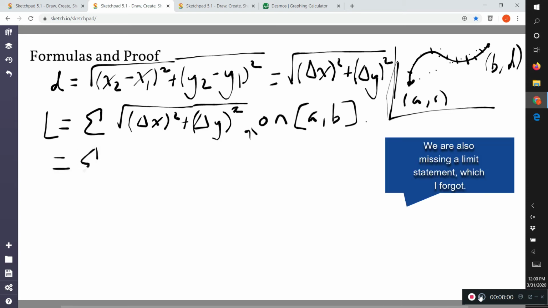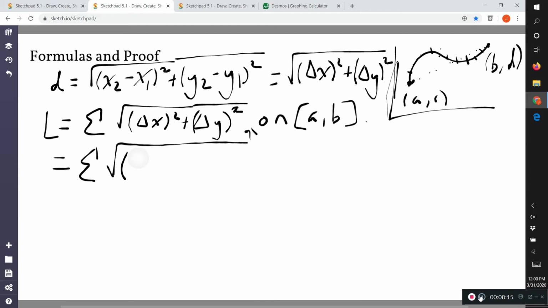And we're doing that purely to make this into the form of an integral. So what I'm going to do is underneath my square root, I'm going to factor out a delta x squared. Now, when you factor out a delta x squared from delta x squared, you get 1.